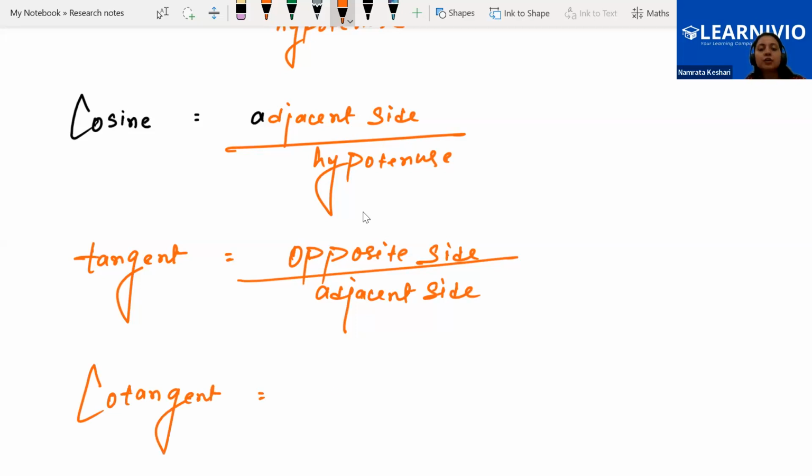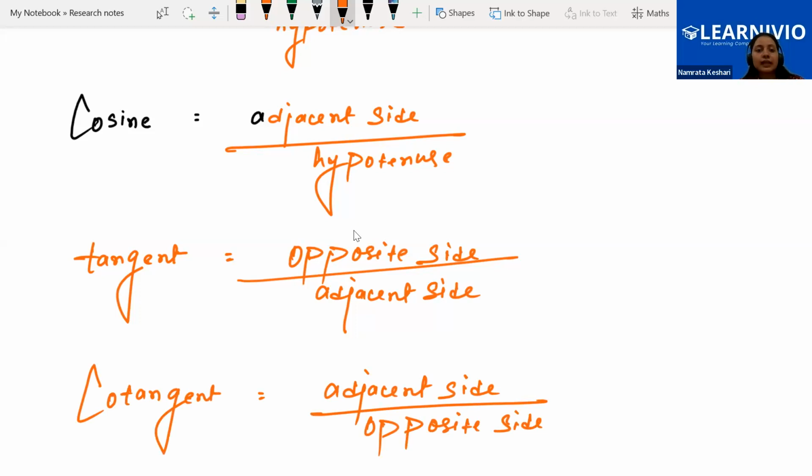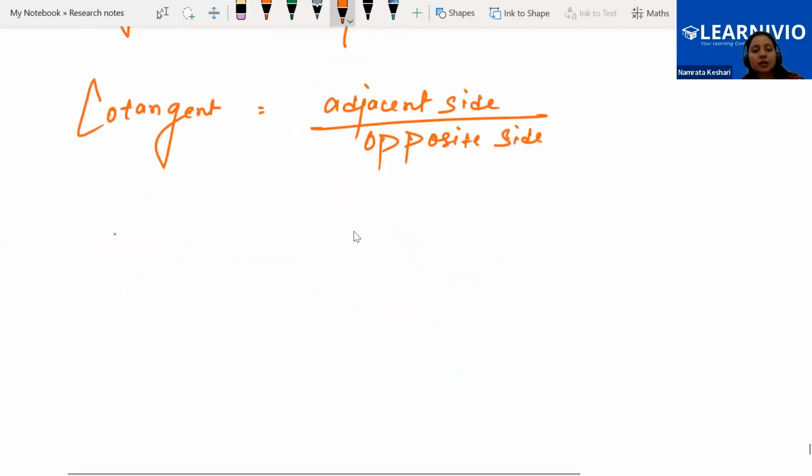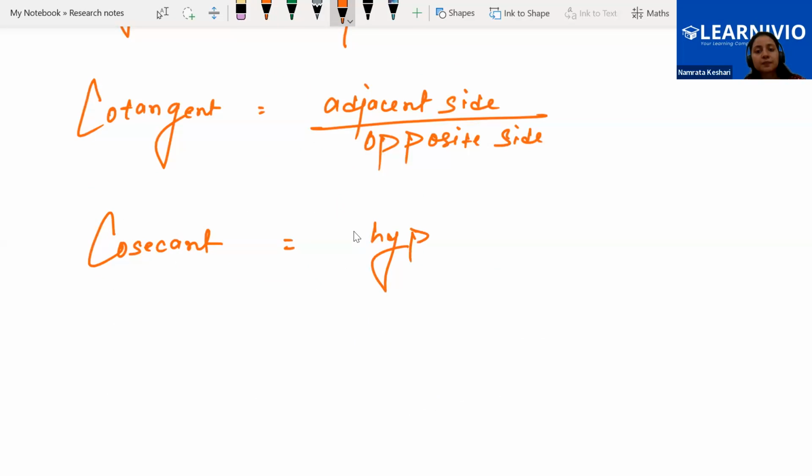For that the formula is adjacent side over opposite side. Next one is cosecant. For that the formula is hypotenuse over opposite side.